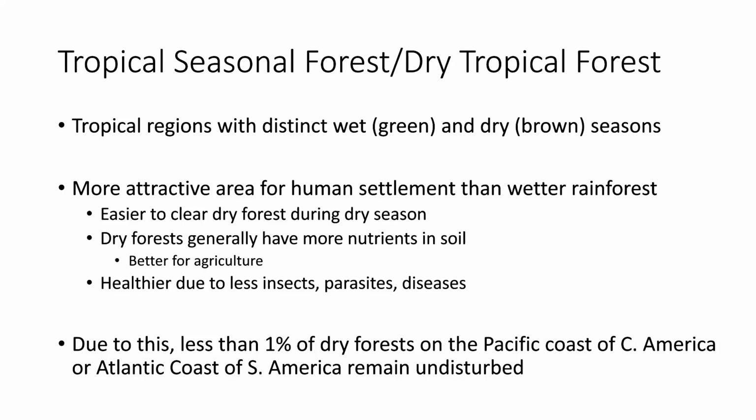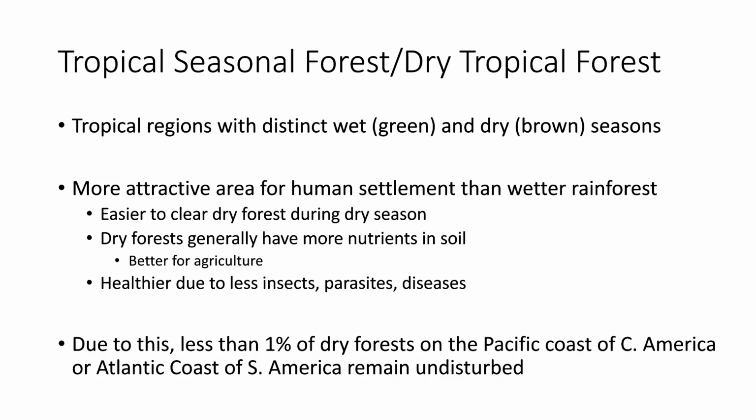Whereas the dry tropical forest, they're not going to be as wet, they're not going to be as dense, so they're going to be easier to clear. The soil is going to be better for growing crops, so it's going to be better for agriculture. And then it's just going to be a less dangerous environment in terms of predators and disease and things like that.